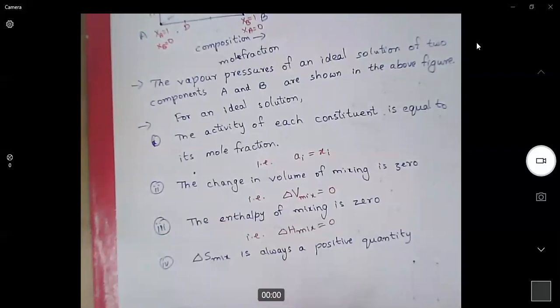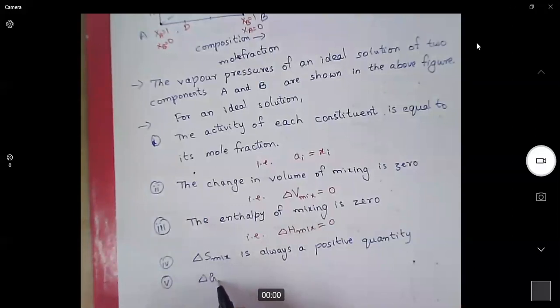So that's what entropy is. Entropy is an order parameter. Because we are mixing two components, the total disorder will be high. So the entropy of mixture is always greater than the entropy of individual components. That is why delta S mixing is a positive term.